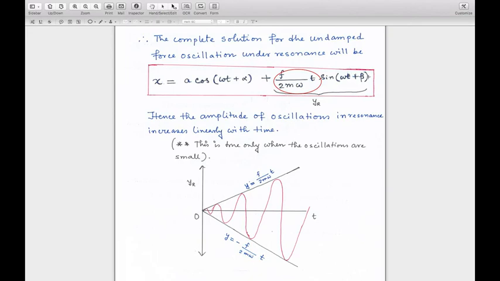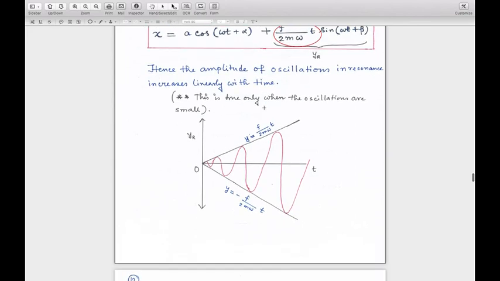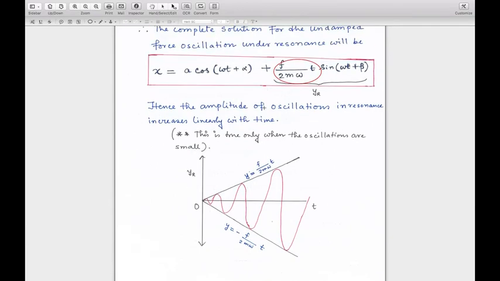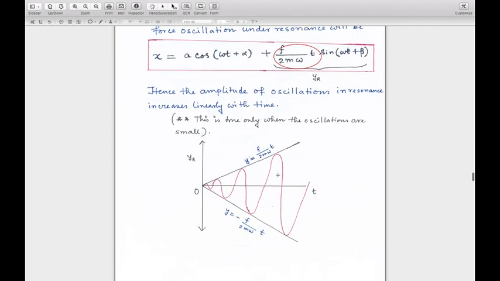So x is proportional to t, that's true, but that cannot take any arbitrarily large value. These values are large, but until and unless the modulus of x remains small, of the order of the first order, the theory holds. Beyond that, this theory does not hold at all.